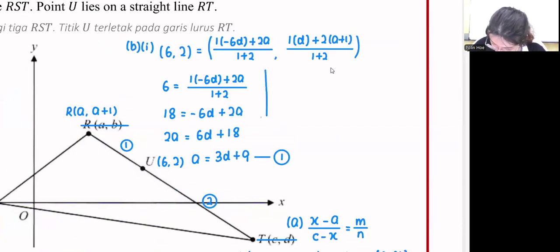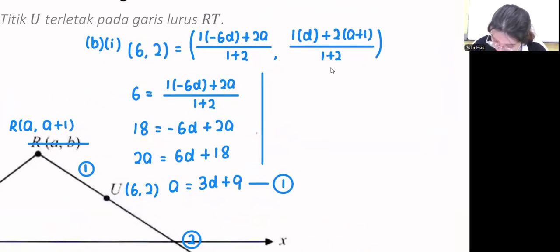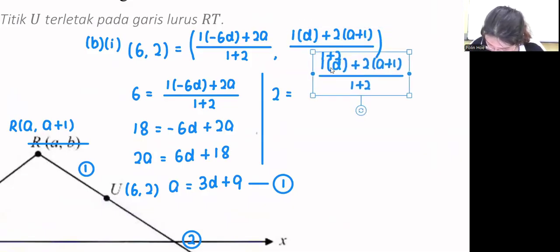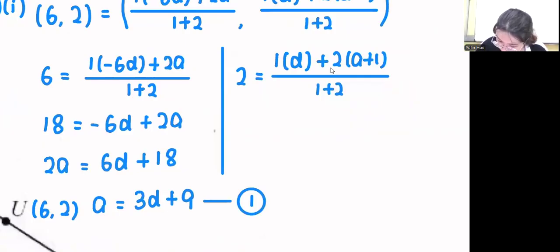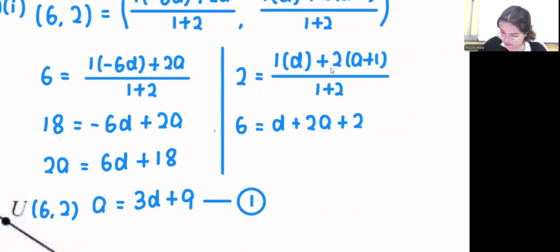Next part. 2 equals to, I should find, never mind, this one. Okay? So 3 multiplied by 2, I got 6 equals d plus 2a plus 2. 2a equals 4 minus d.